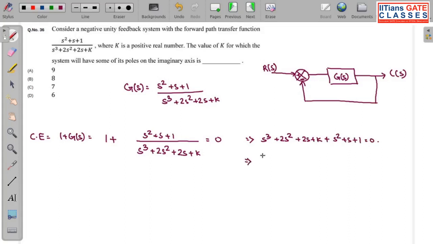Now let me segregate the coefficients: S cube, then the coefficient of S square is 3, so 3S square plus 3S plus K plus 1 equal to 0. Okay, fine.